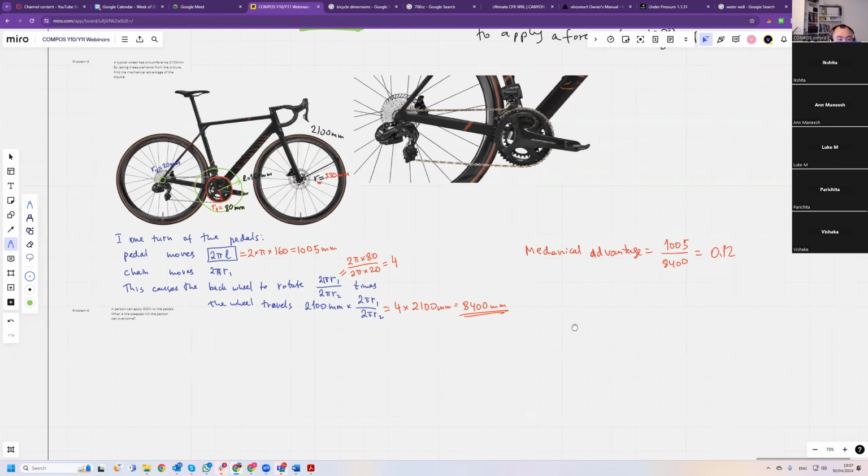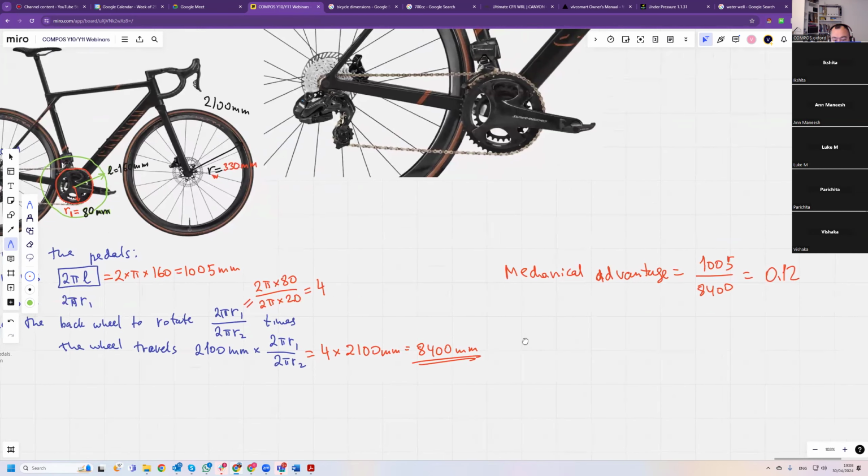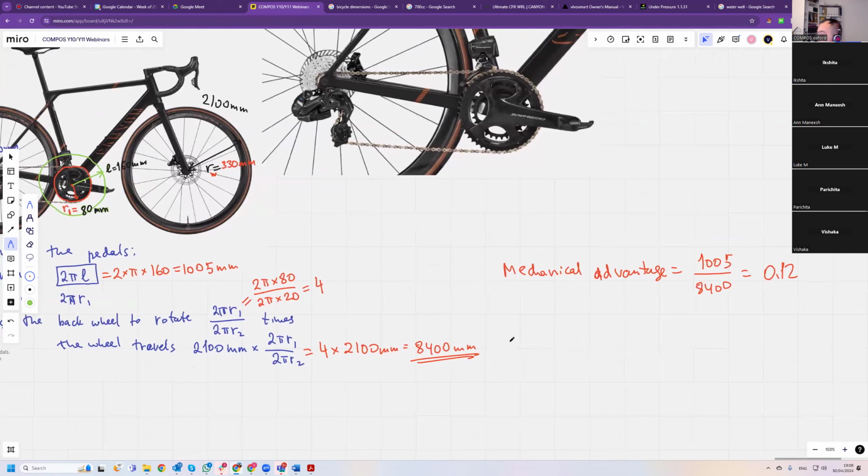Okay. That means we lose out on force, but we win on speed.